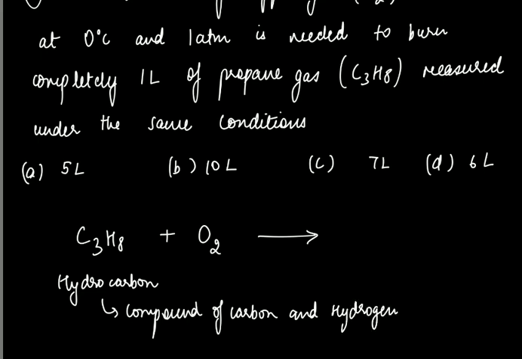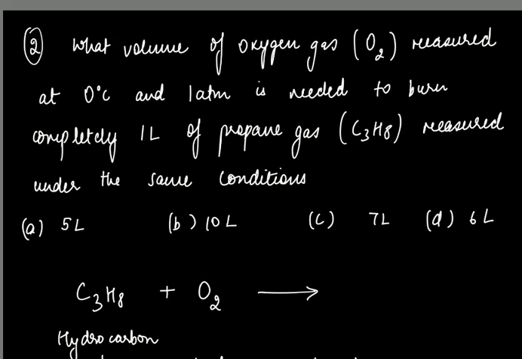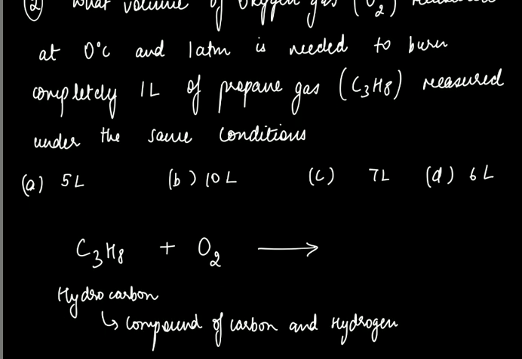In detail, we'll be discussing this in carbon and its compounds. So C3H8 is propane gas. When it is burning in the presence of oxygen, it's going to produce carbon dioxide and water vapor. This is always going to be there. Any hydrocarbon burning in the presence of oxygen will give you carbon dioxide and water.